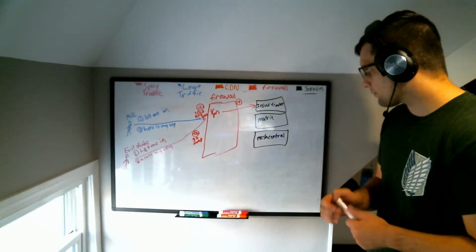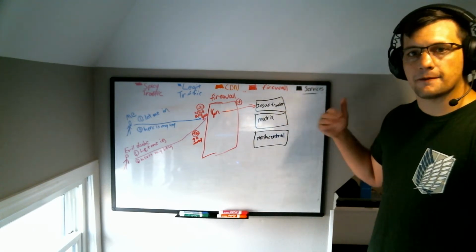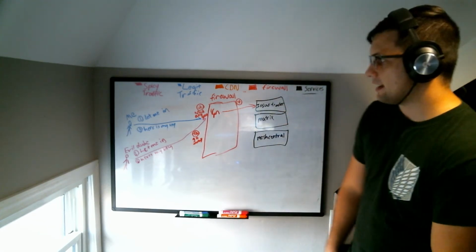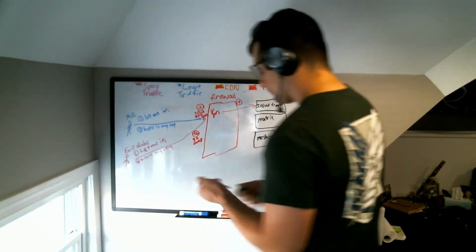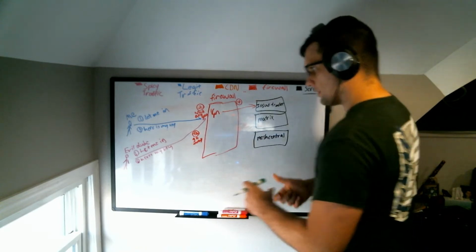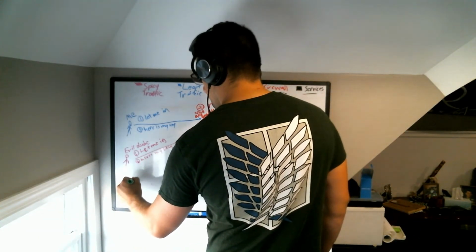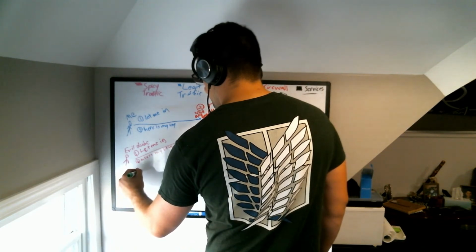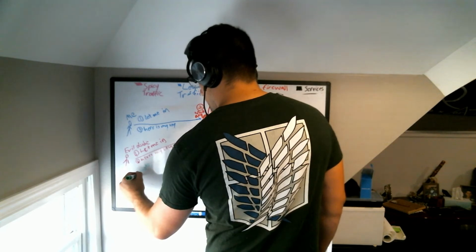So let's say I want to expose something like Matrix. Now, Matrix is a federated protocol, and let's say there is a third actor called a remote user.